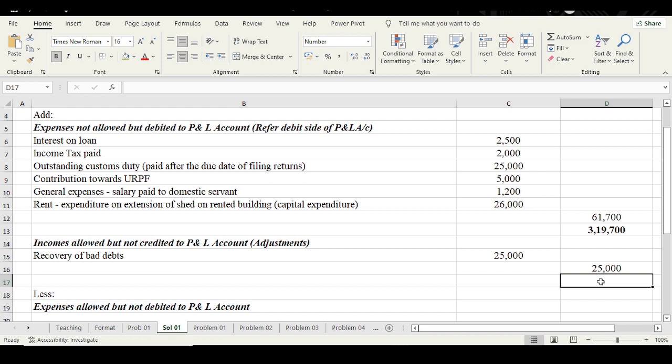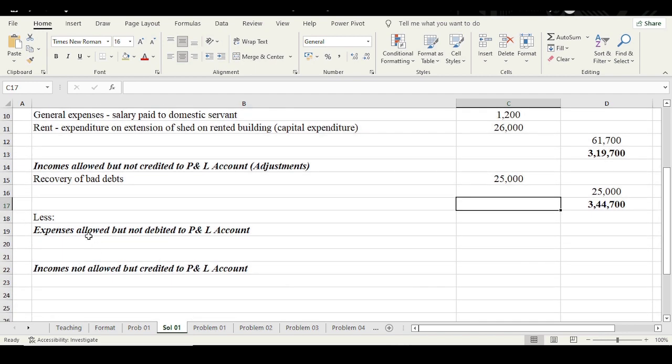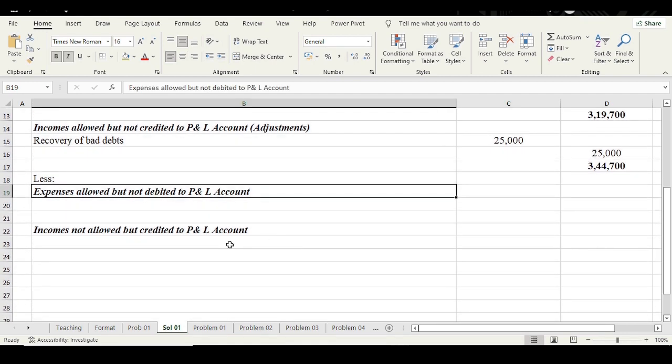Now that will be 3,19,700 plus 25,000, 3,44,700.